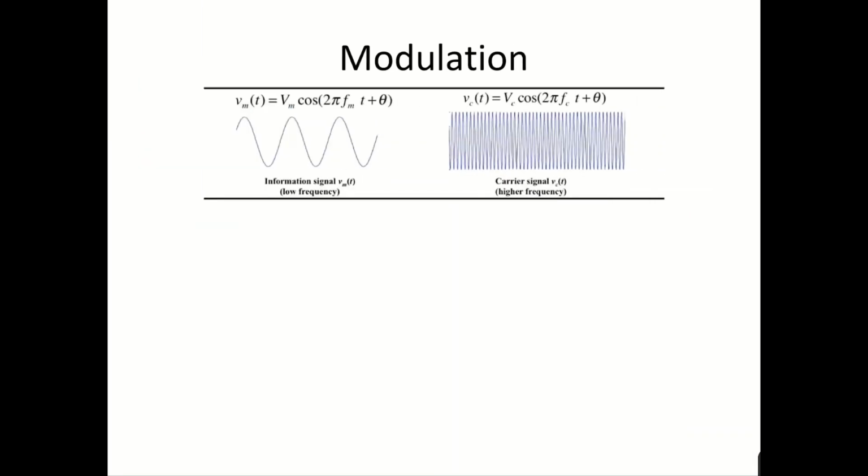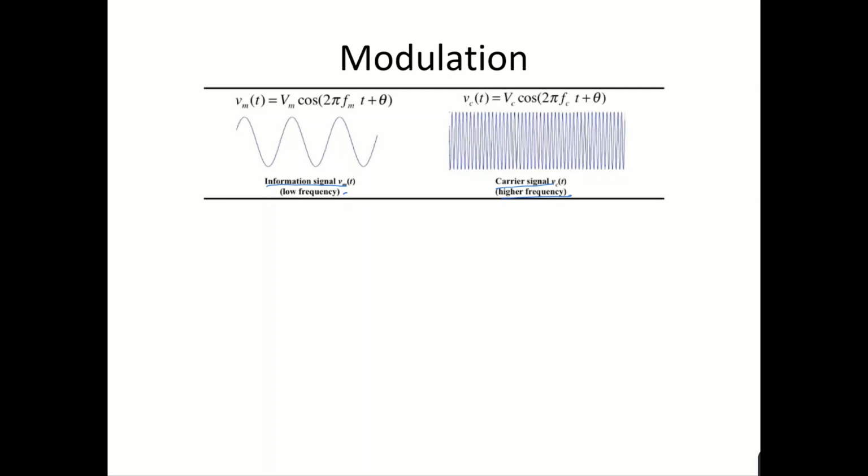So when we're modulating, we're talking about two different signals here. We have our information signal, which is lower frequency, and our carrier signal, which is higher frequency. And we can see here in these waves, the lower frequency has more spread apart wiggles, whereas the higher frequency bounces back and forth much more rapidly.